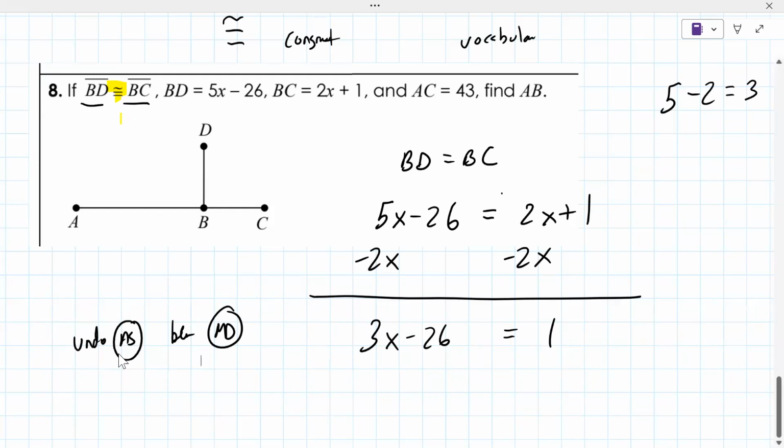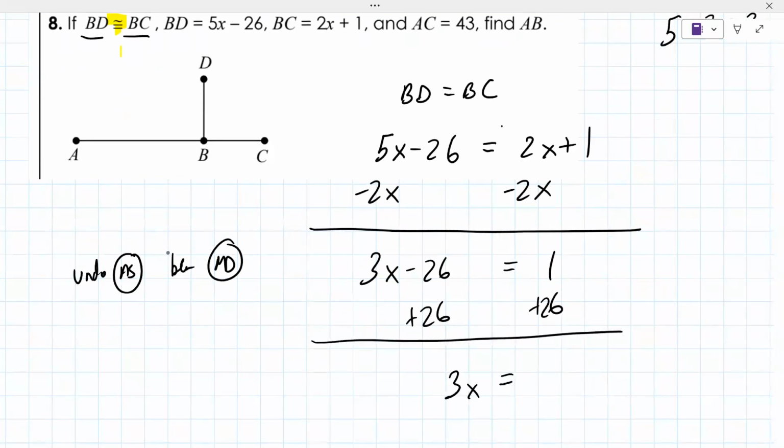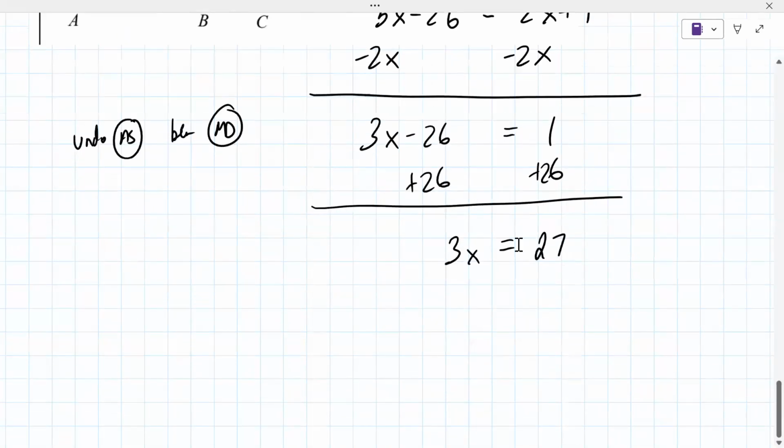What do I have written over here? Oh, you add 26. Yes, you undo addition and subtraction first. So this is 3x equals, what does the right side become? What is 1 plus 26? It's 27. Okay. So go ahead and solve this for x.